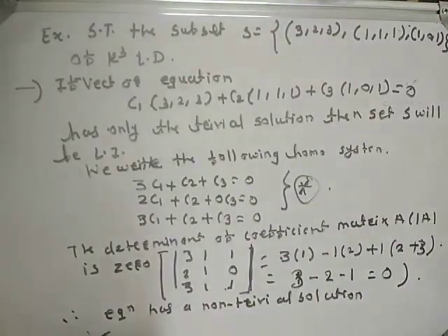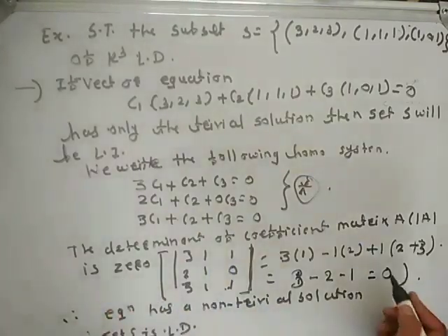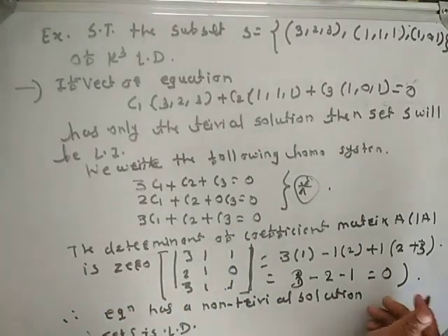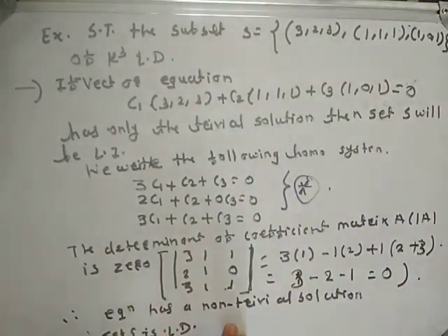Therefore, set S is linearly dependent. If the determinant of this matrix A is not equal to 0, then the equation has only the trivial solution, and at that time set S is linearly independent.